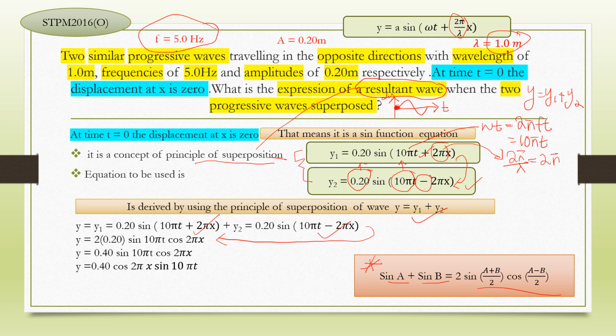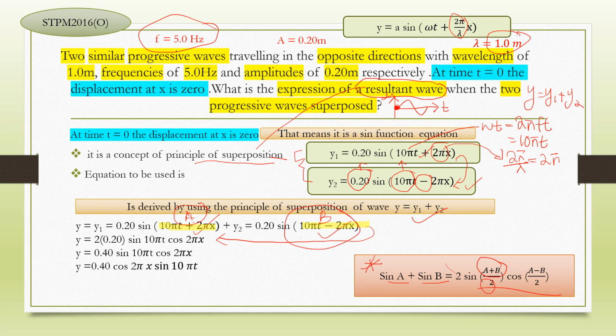So if you look at this, hold on. This is A, this is A, this is B. So when the book says sine A plus B, you must take this A plus this A, and then divided by 2.